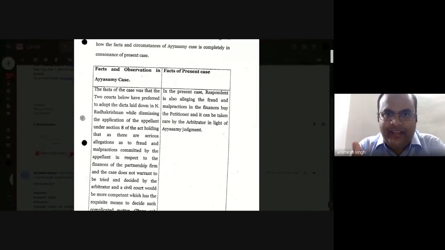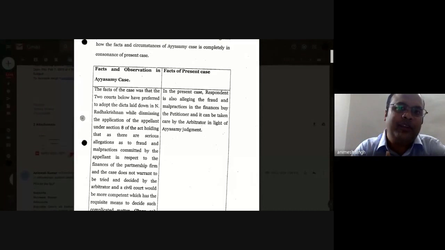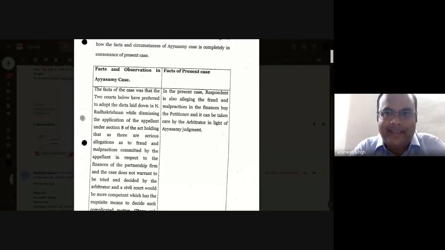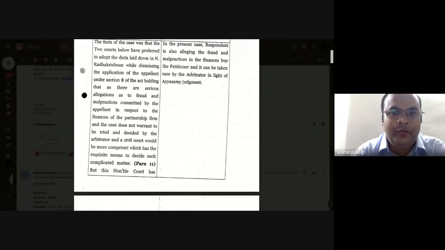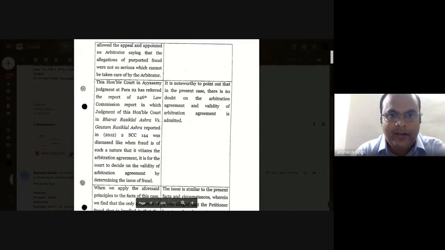In the present case, my application under section 11 was dismissed on the basis of Nyayshastram, so my responsibility was to distinguish between the principle and the facts of Nyayshastram and the facts in the case in hand. So I have prepared two columns: facts and observation in the Nyayshastram case, and facts of the present case. In this column, I have given the relevant paragraph on which the High Court has relied, which was decided by the Honorable Supreme Court. You can find it, para 11, and then what was the observation.